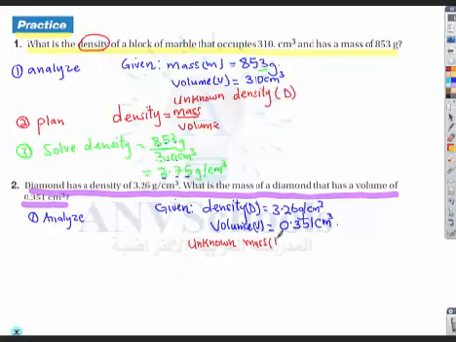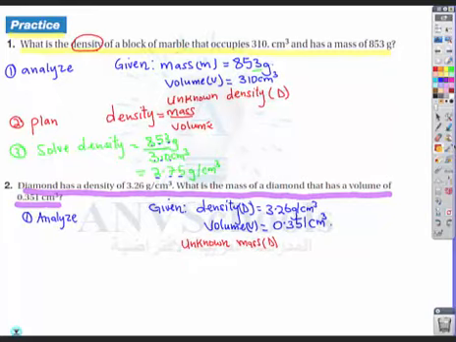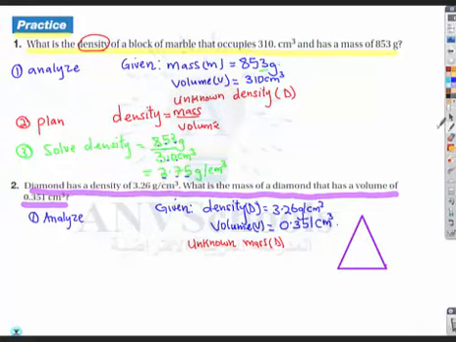So we are going to look for a way to find mass, and the easier way to do this is by organizing a small triangle here, and then you use it to plan your work.